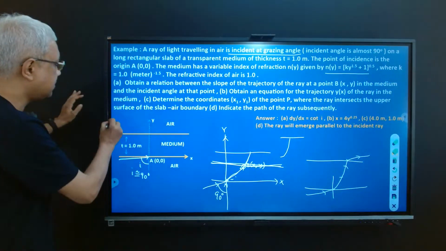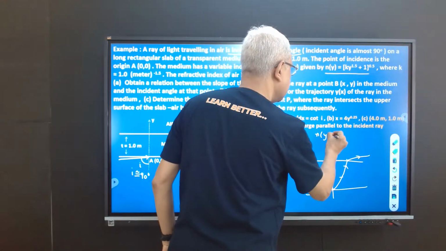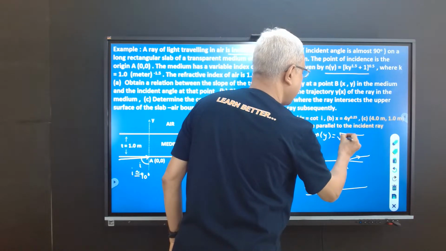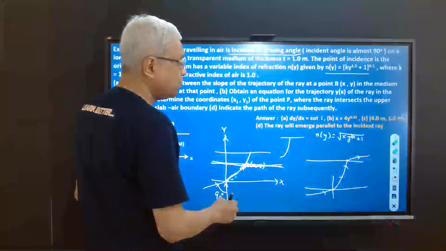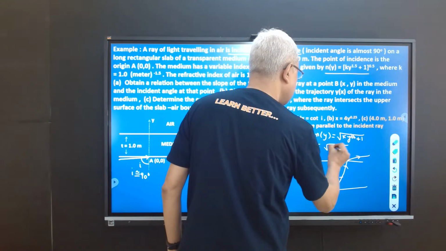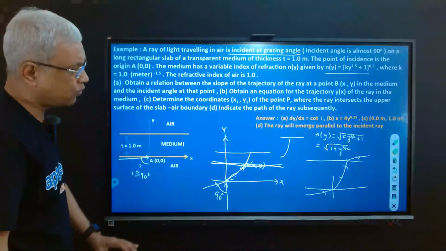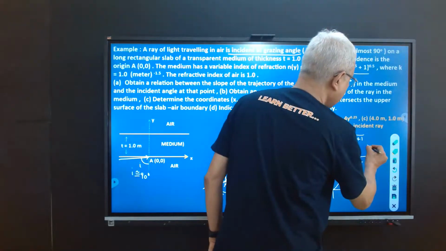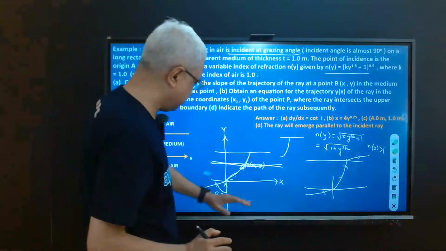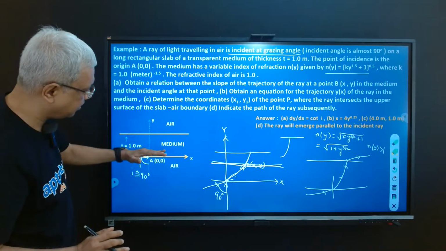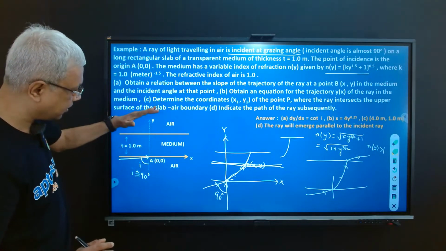And see, since n is like this, n(y) is the square root of k y to the power 3 by 2 plus 1. And since k's value is 1, I can write n(y) is the square root of 1 plus y to the power 3 by 2. And for positive values of y, n(y) is always greater than 1. So the refractive index of the media is continuously increasing as the ray moves in the upward direction.